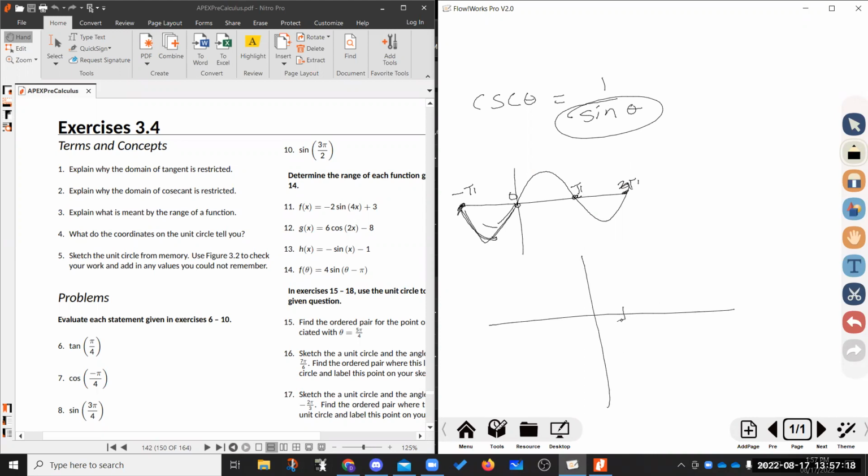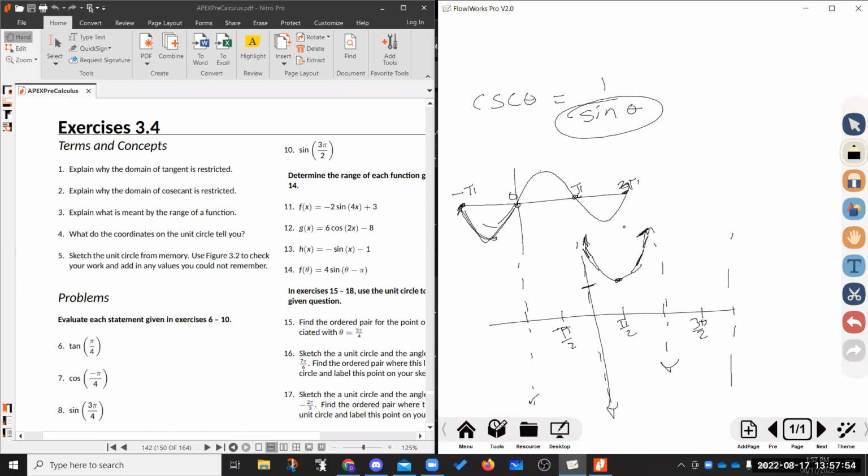So we have pi over 2, we have pi, we have 0, we have negative pi over 2, we have negative pi, we have 3 pi over 2, we have 2 pi. Okay, that should give me enough. So at pi over 2, sine was 1, the reciprocal of 1 is 1, and I am up here in this piece.